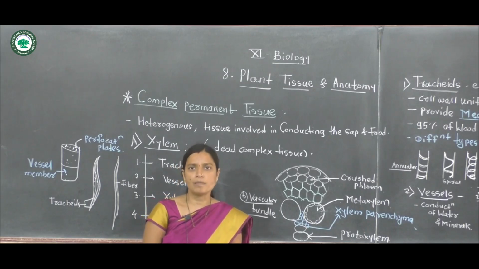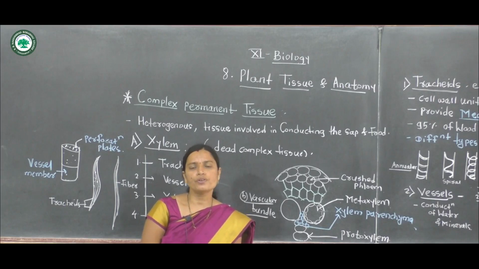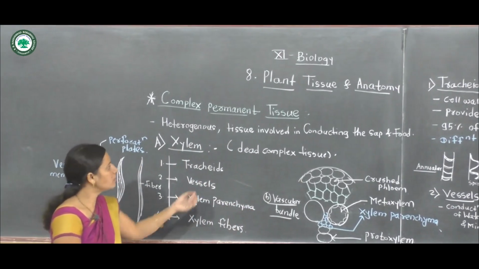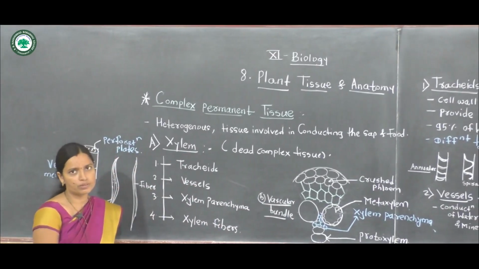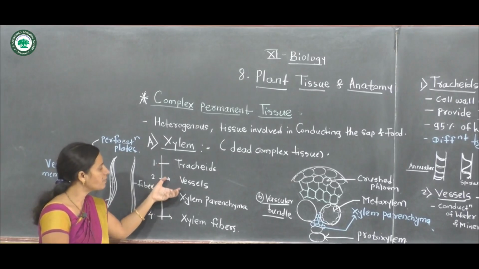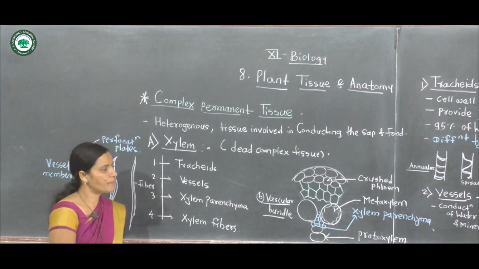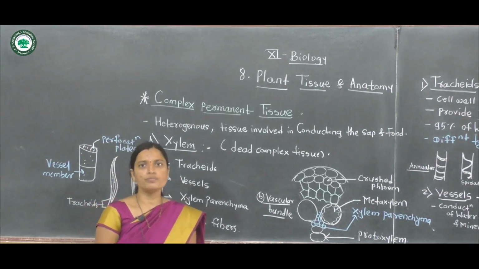This water is supplied to all parts of the plant body, which is the main function of xylem tissue. In this video we learned about xylem, a dead complex tissue with different types of cells: tracheids, vessels, xylem parenchyma and xylem fibers, which have an important role in the conduction of water and minerals.